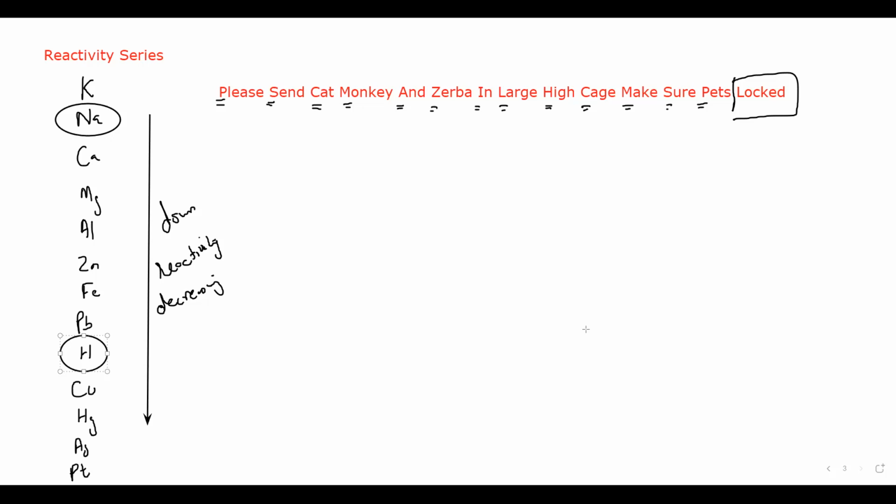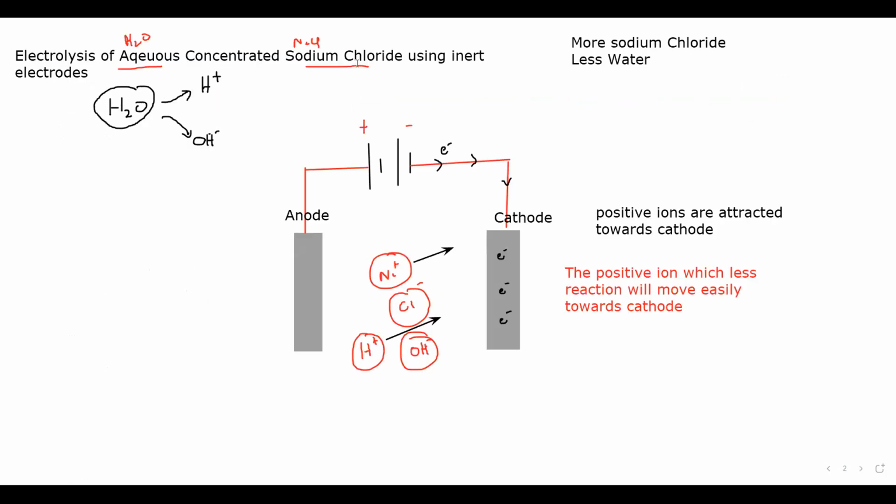Which positive ion is less reactive here? This reactivity series you have to learn or memorize. So hydrogen is there, which is less reactive. The hydrogen ions are less reactive.